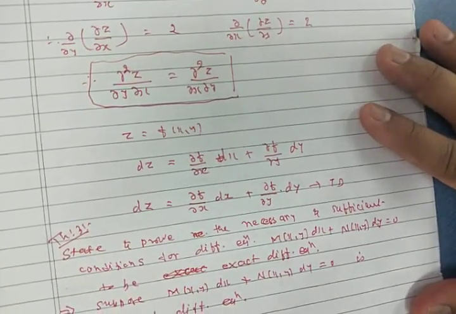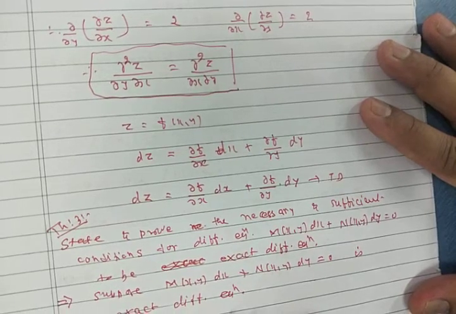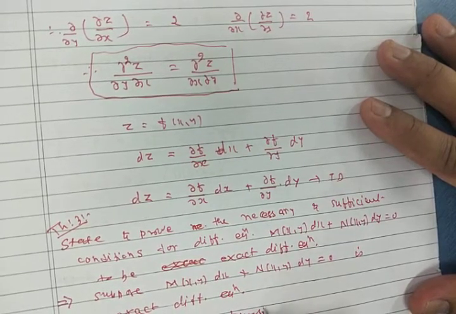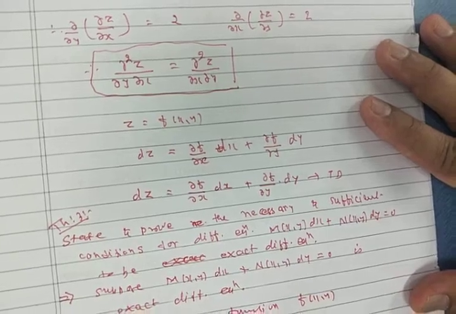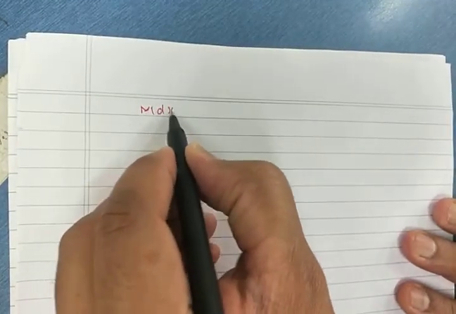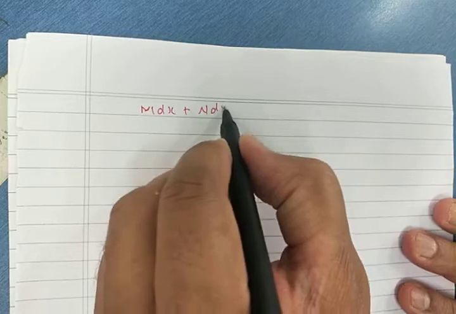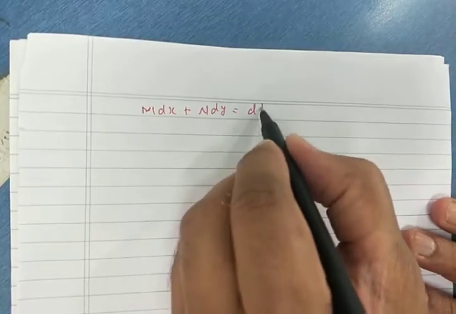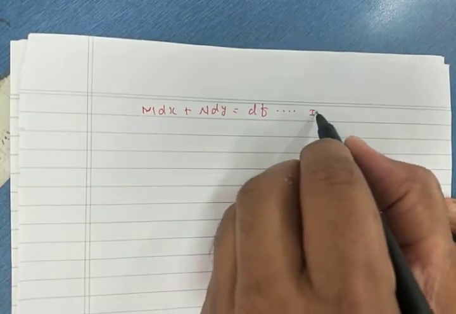And therefore we have a function f(x,y) such that M dx plus N dy is equal to df.